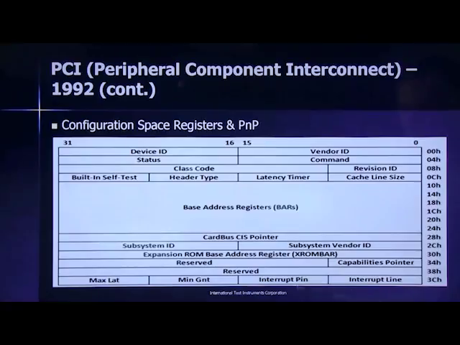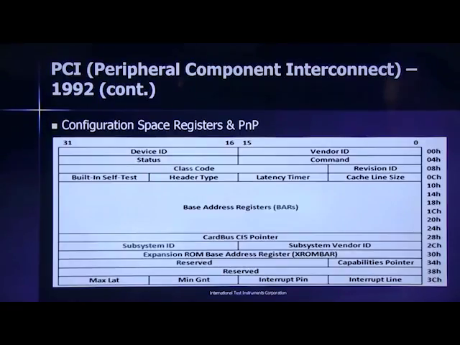Interrupt line and interrupt pin, those registers are used for assigning interrupts to this particular device in case the device needs it. Minimum grant and maximum latency are used for bus arbitration.